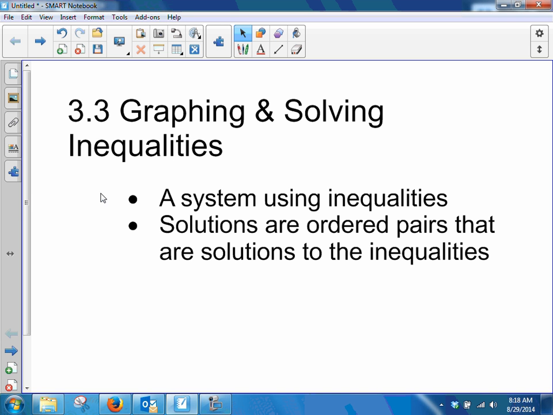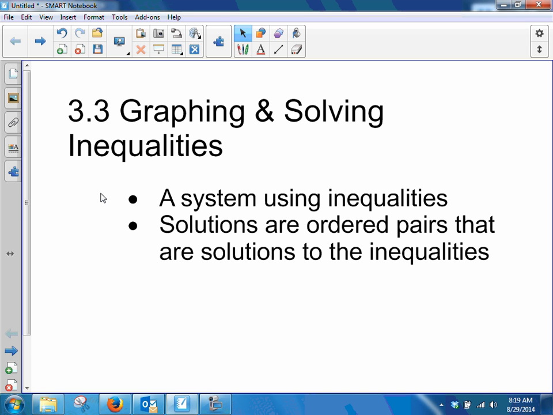So we're going to have less than or equal to, greater than or equal to, and then less than and greater than. What do we have to remember, kind of going back to piecewise functions, when we have inequalities? When we graphed them, we had the open and closed dots, right? Well, instead of having the open and closed dots here, you're going to have a solid line or a dotted line.